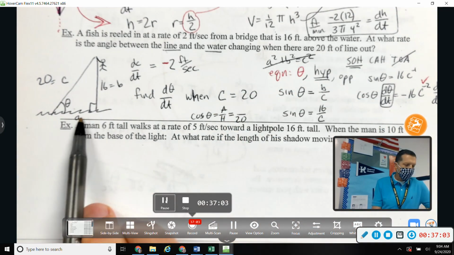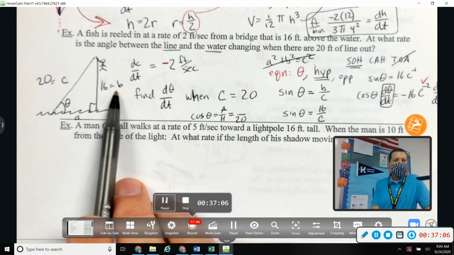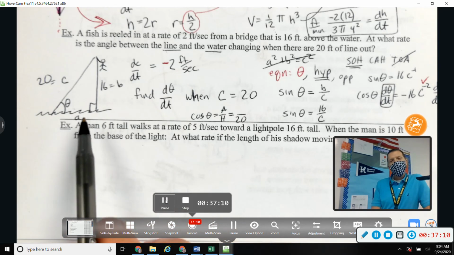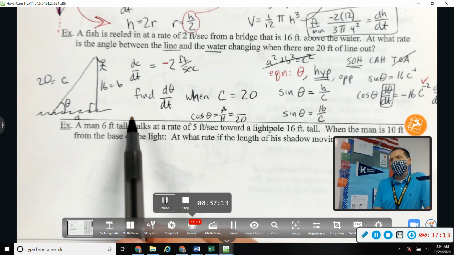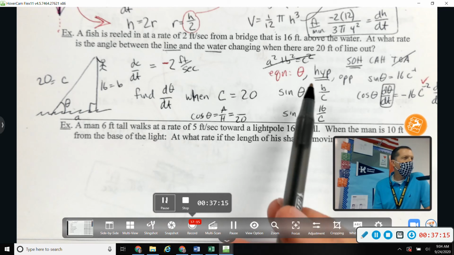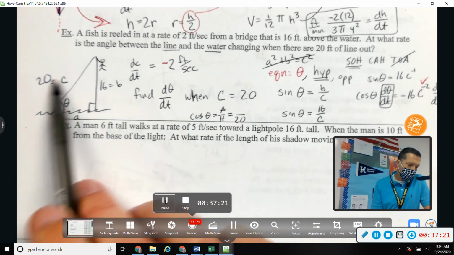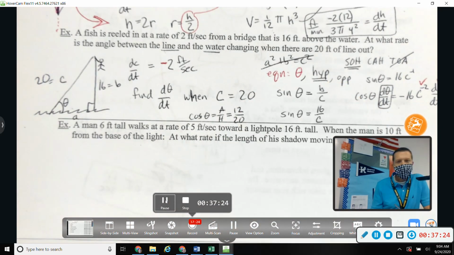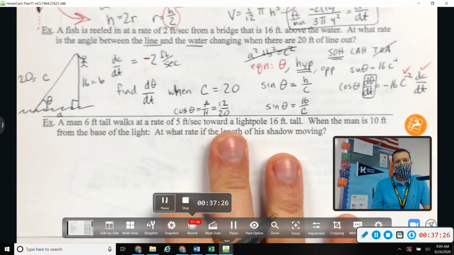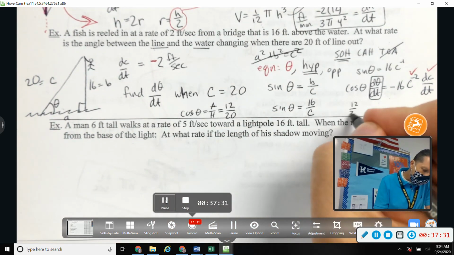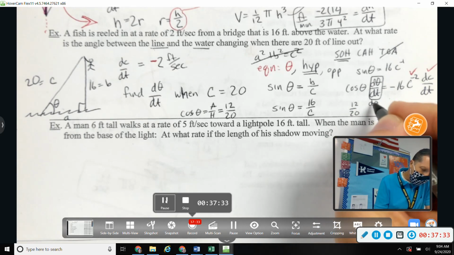You know what adjacent is when b is 16? Yeah, it's a 3, 4, 5 right triangle. On a lot of these problems, you start to notice that they sort of rig them. I mean, it's hard enough as it is, but they kind of rig them to throw you a bone once in a while. Like, that's 12, so it's a 3, 4, 5, 12, 16, 20 triangle. So now I know that the cosine is 12 over 20. And again, why bother reducing? We're in calculus. We don't have to concern ourselves with that stuff.